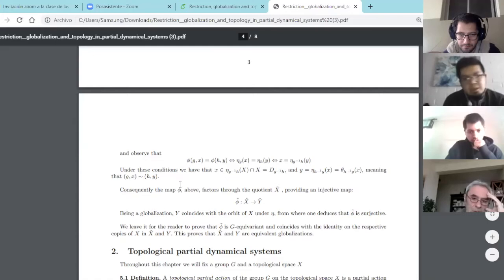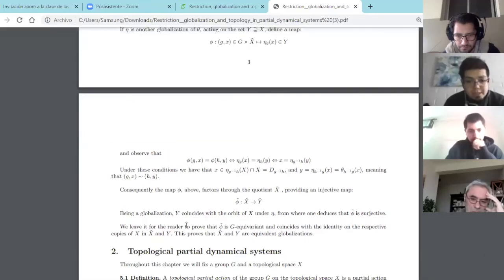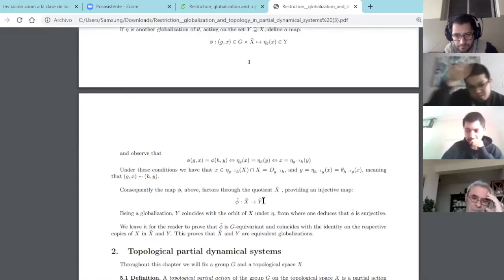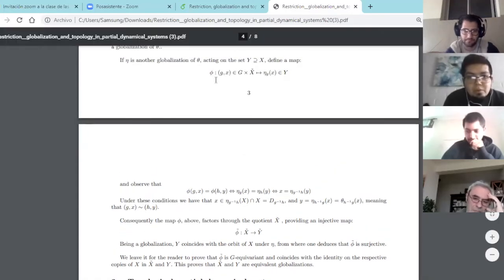So this map behaves well with this quotient. And if Y is a globalization, it coincides with the orbit of X under eta, right? So this phi hat will be surjective, right? Remember that this one, the original, was here. I think this should be, no, that's right.